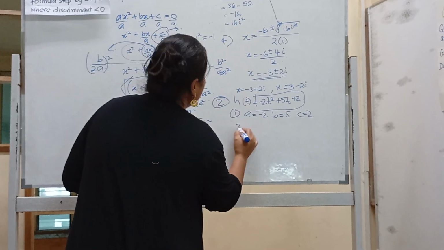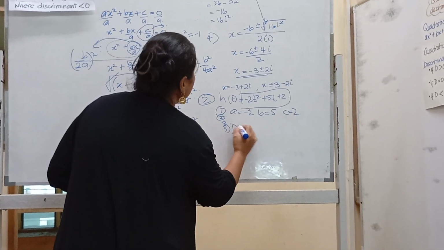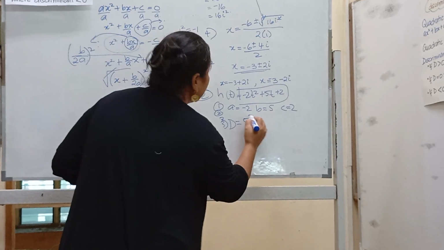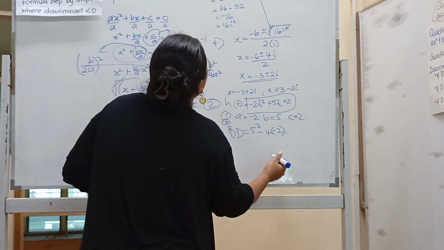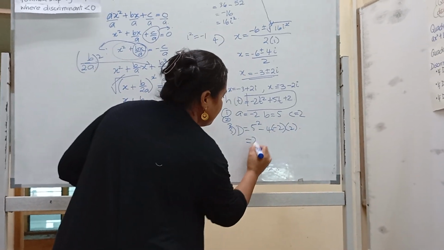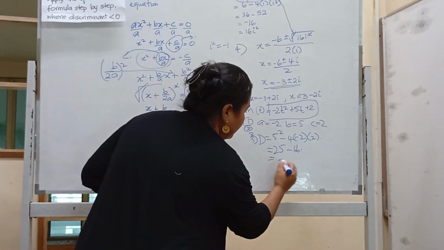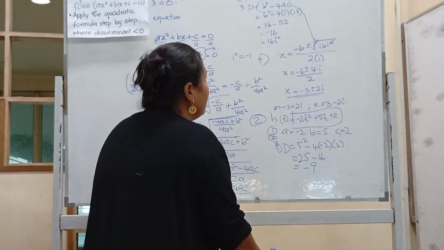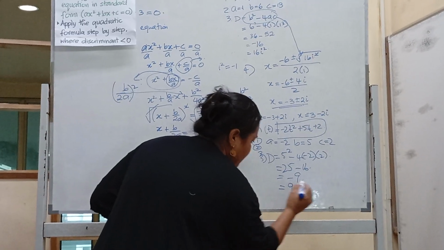So step 3 is to find D, b squared, so 5 squared minus 4 times negative 2 times 2. 25 minus negative 16, and that is negative 9. If it's negative 9, we already know that it is 9i squared.